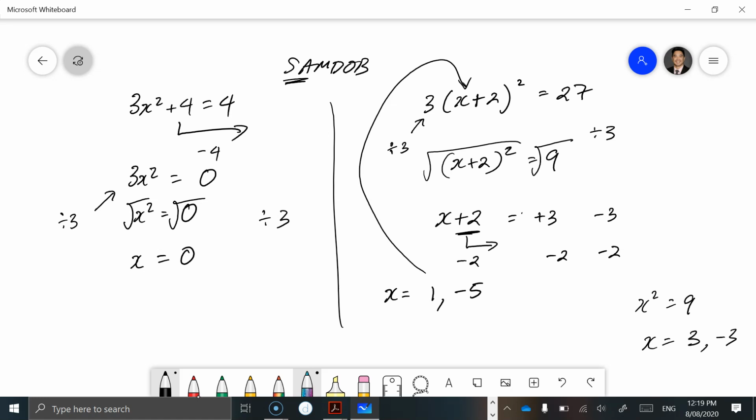That is a possible solution. Let's try -5. -5 plus 2 is -3. -3 squared is 9, and 9 times 3 is 27. So both can actually work and get you to the same answer. So there are two solutions for x.